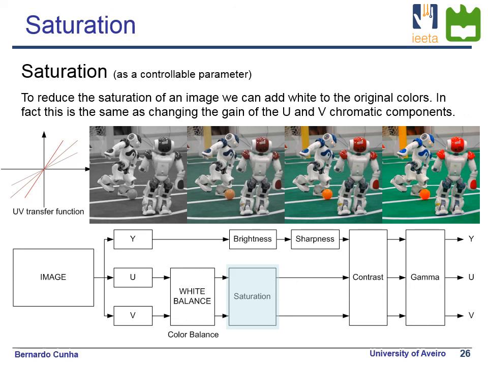If you reduce the gain of the chromatic components, you then reduce the saturation. In this case, this is an example of a low saturation image of the original one. And if you move the gain down to zero, what you get in terms of chrominance is actually a black and white image of the originally colored image, as you can see here.